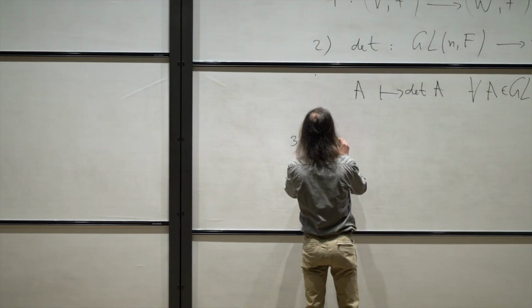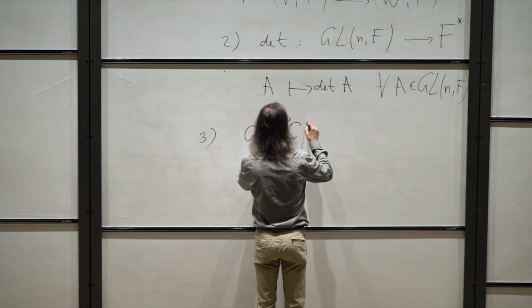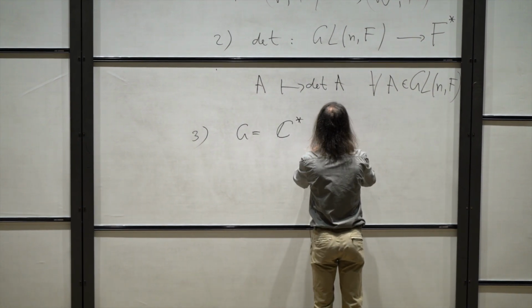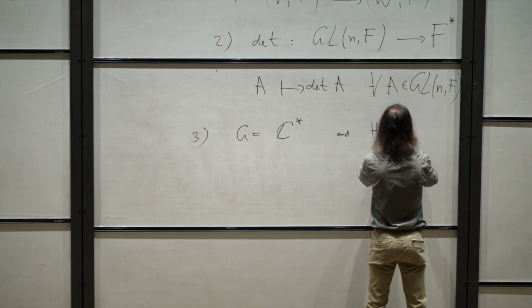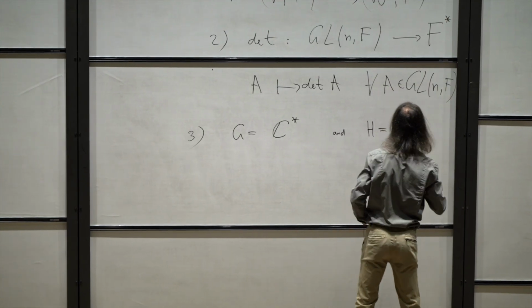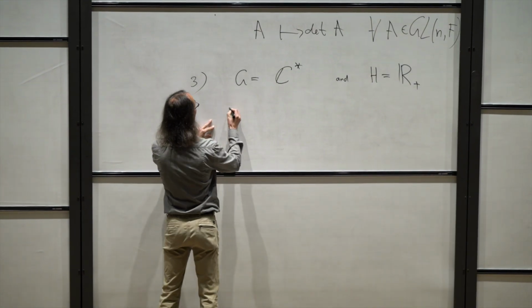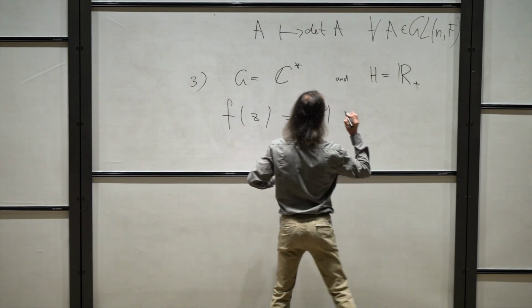Example 3. Suppose that G is the complex numbers under multiplication, and H is the positive real numbers, and f of a complex number z is the absolute value of the complex number.